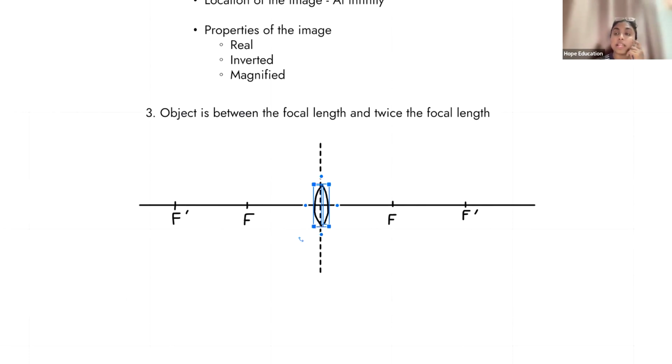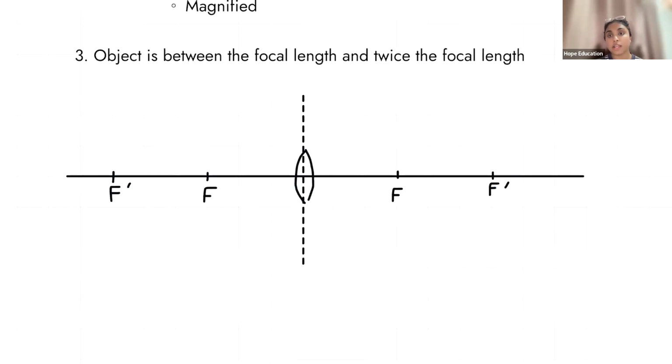Object is between the focal length and twice the focal length. So twice the focal length කියලා කියන්නේ අපේ මේ f dash කියන point එක. Okay. So now this is where the object is. So I will draw my object between f and f dash. Like this. All right. Same story. Basic refractions, තුනෙන් කැමති දෙකක් use කරන්න පුළුවන්.